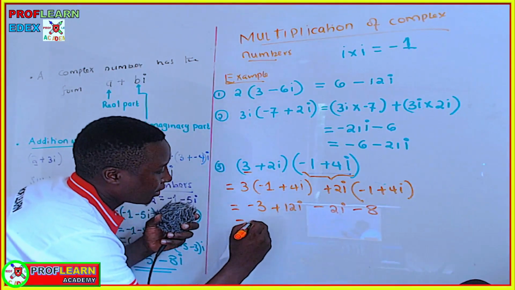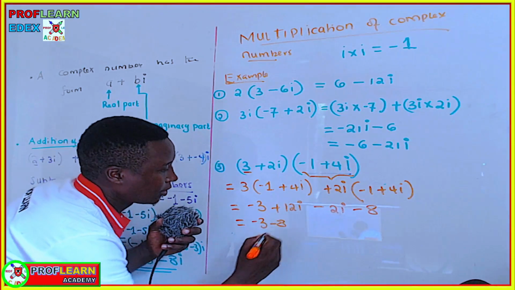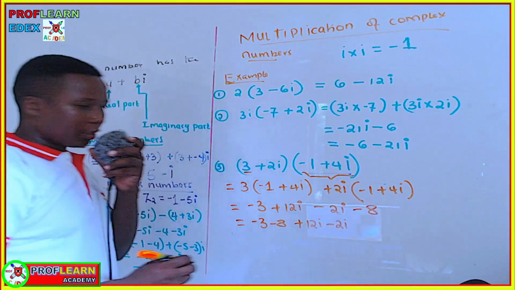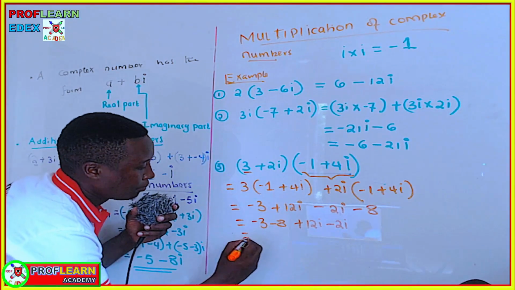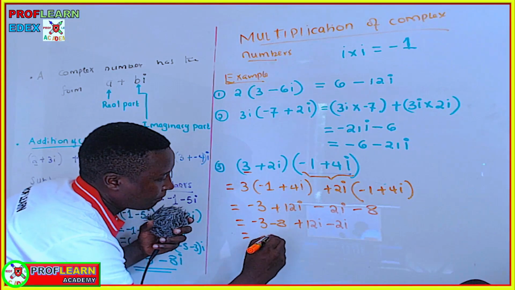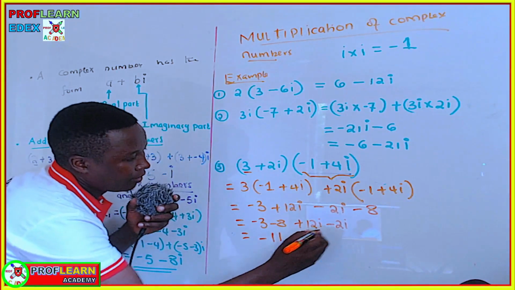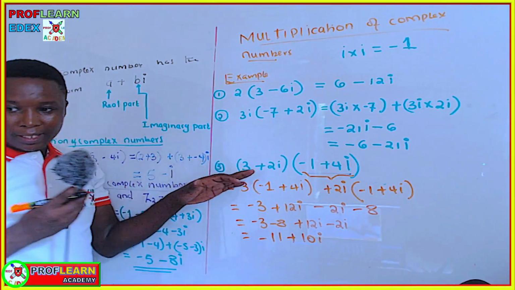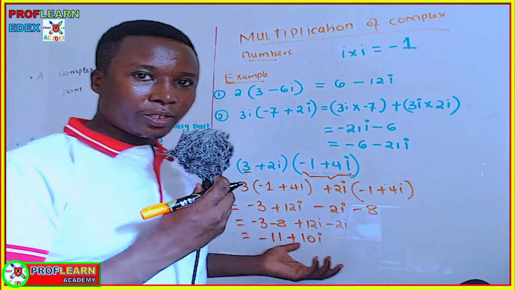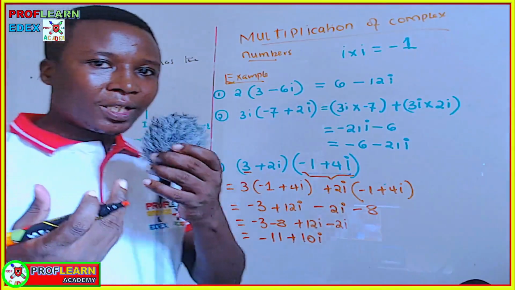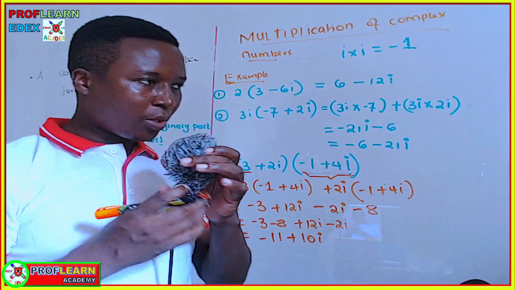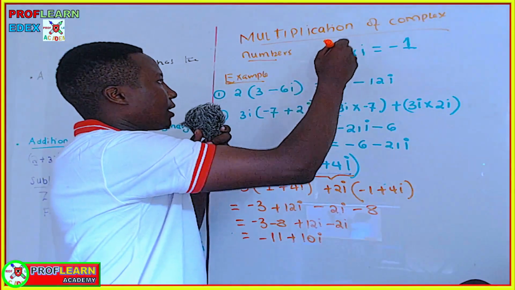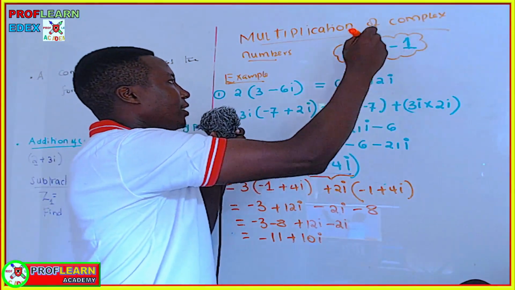We have the real part, negative 3 minus 8, then we have 12i minus 2i. So this becomes negative 11, and then if we subtract, it becomes 10i. It's just the normal understanding of opening brackets, the way we used to do in algebra, but you also need to take into consideration that i times i is actually negative 1.